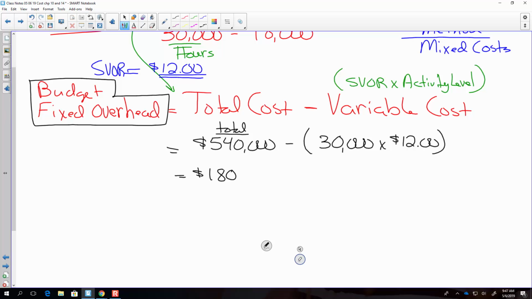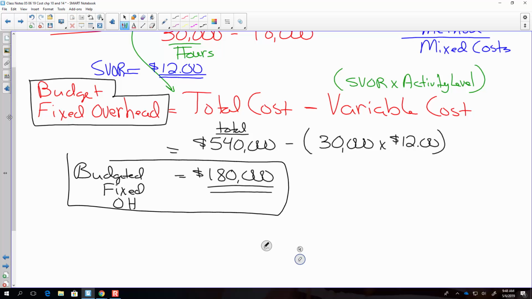And the 180 is our budgeted fixed overhead amount. So where does this 180 go on our template? The budgeted fixed overhead. Yeah, right in the middle, right?